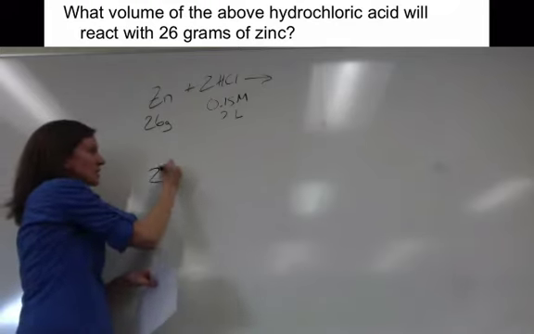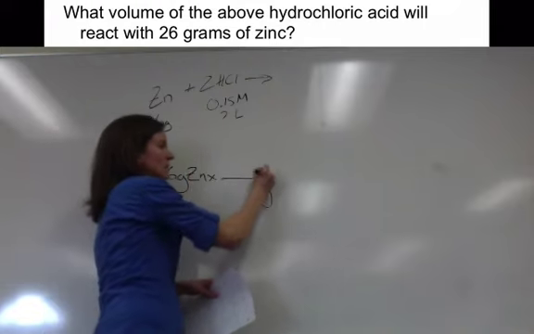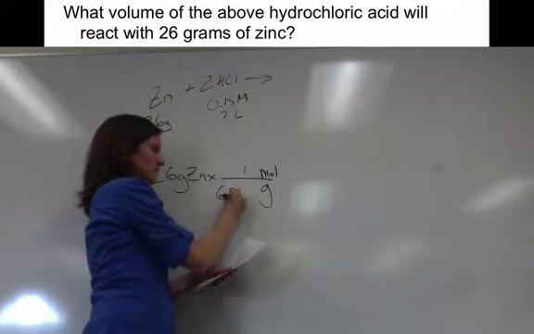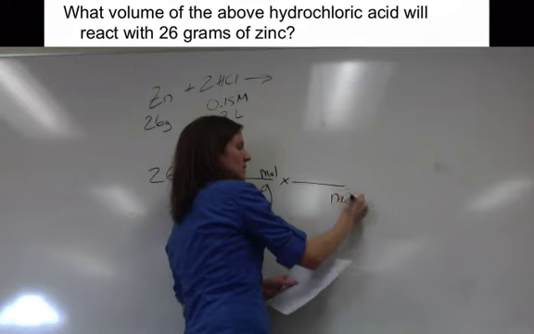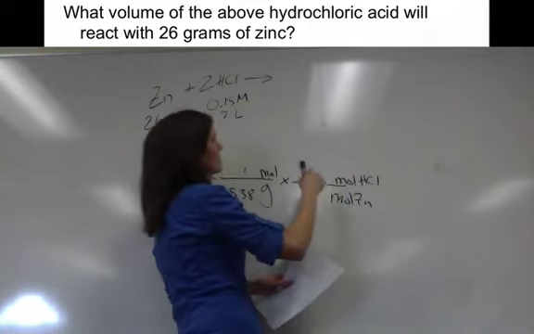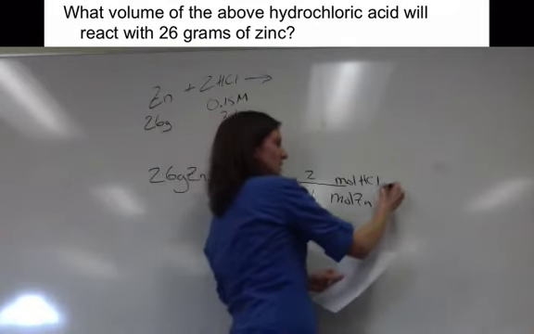I have 26 grams of zinc. I can go from grams to moles of zinc using molar mass. Once I'm in moles of zinc, I can go to moles of a new thing, my hydrochloric acid, and this is just the relationship established by my reaction.